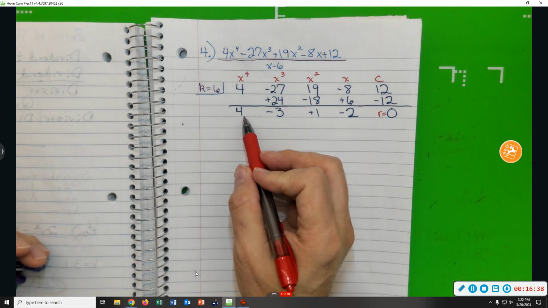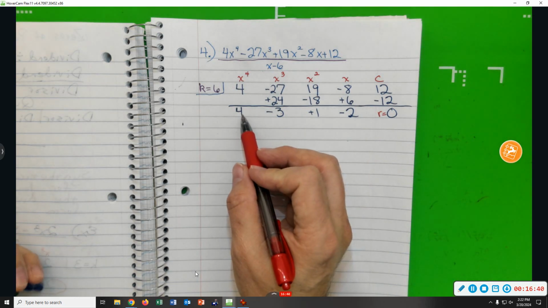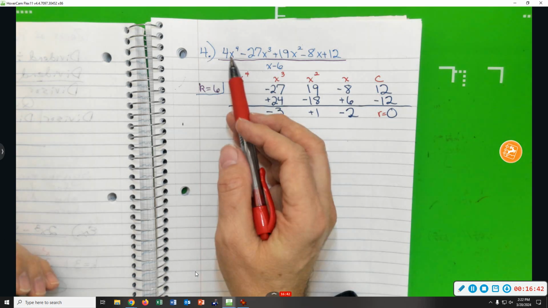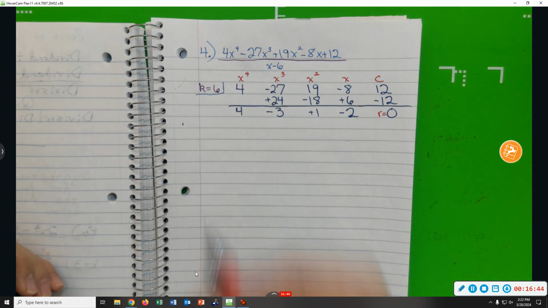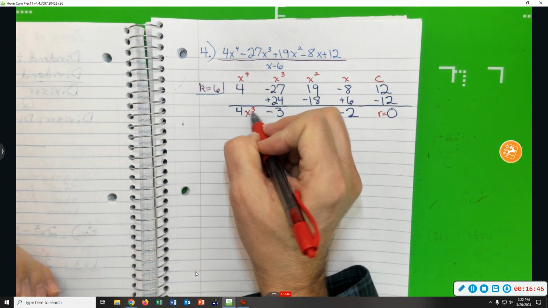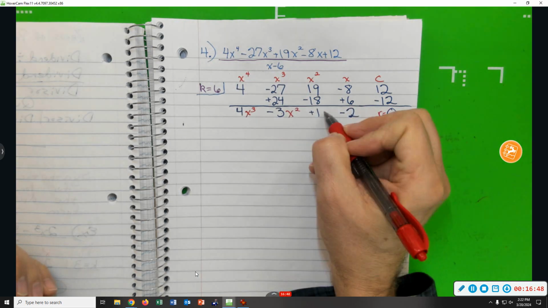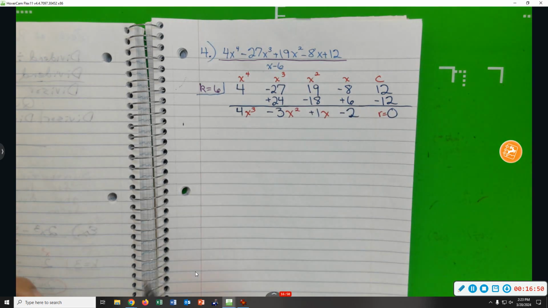What's the variable part for this 4? We started off with x to the fourth. X cubed, right. X squared, x, and finally no x.